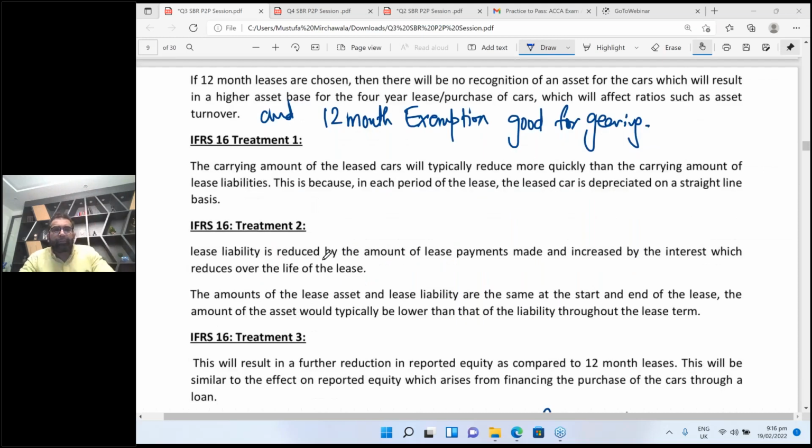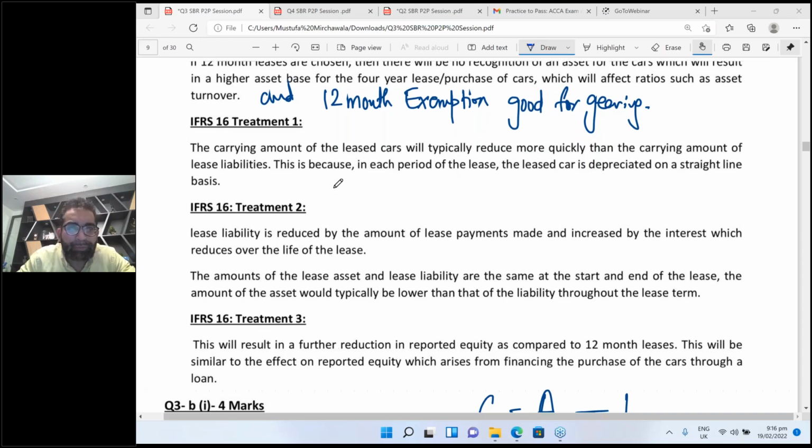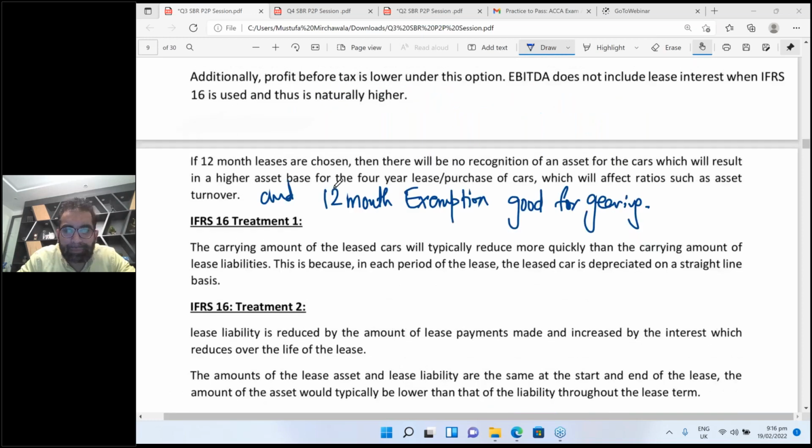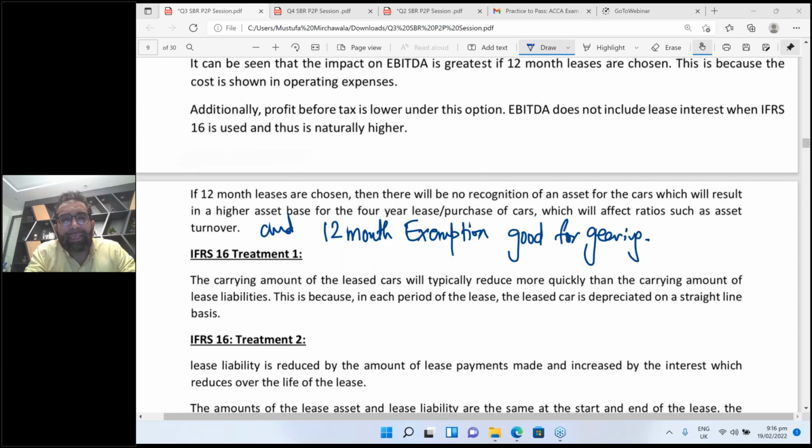Now, impacts. So listen, the carrying amount, sorry, I missed one para. If 12 months leases are chosen, then there will be no recognition of an asset for the car, which will result in a lower asset base for the 4-year lease purchase of cars, which will affect ratios such as asset turnover.